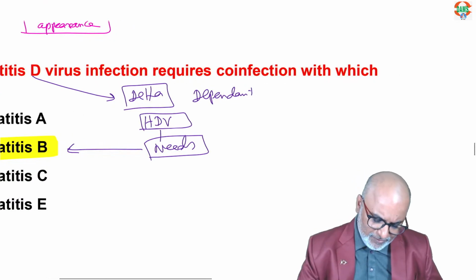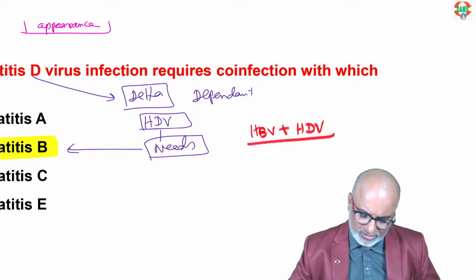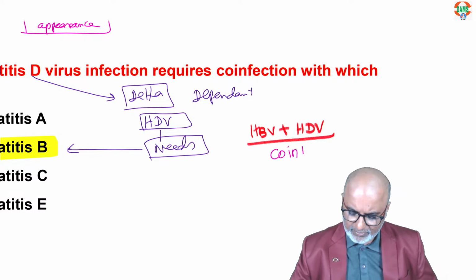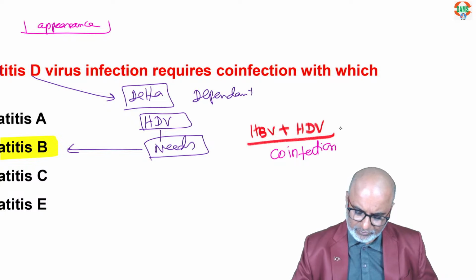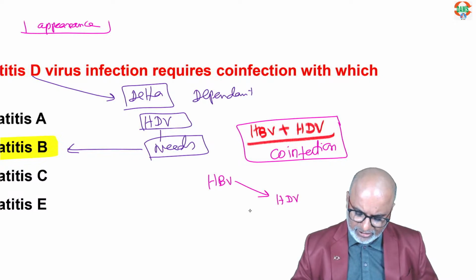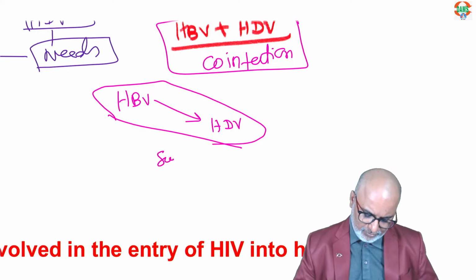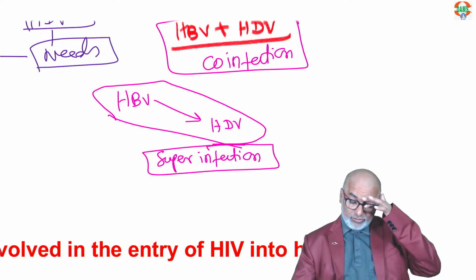It causes two types of infection. One is hepatitis B virus and hepatitis D virus together, we call it co-infection. The second category is hepatitis B virus followed by hepatitis D virus infection, we call it super infection.